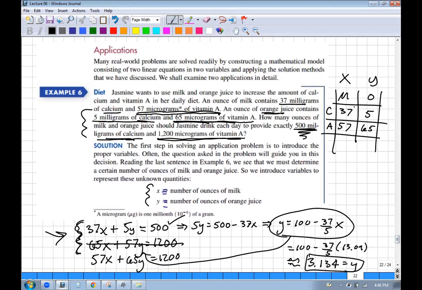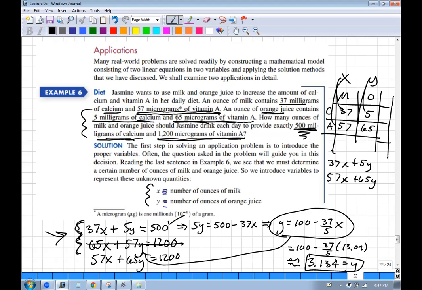Okay, so you can see from here, it was 37X plus 5Y, right? So this is my X column. These are all going to be the X's, and these are all going to be the Y's. If I just write this chart, it's easier not to mess up. I have 37X, 5Y, 57X, and 65Y. And I didn't fill out the rest of the chart here.